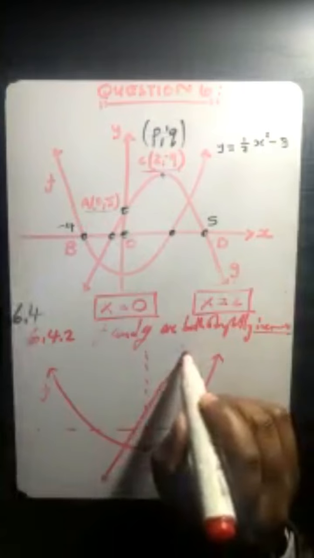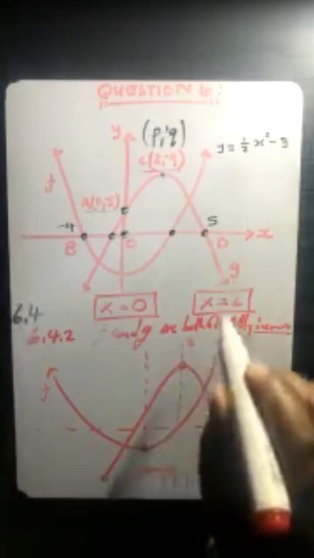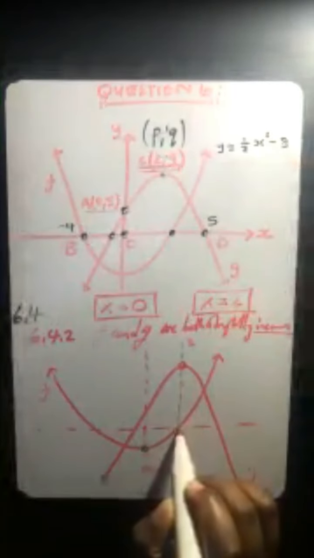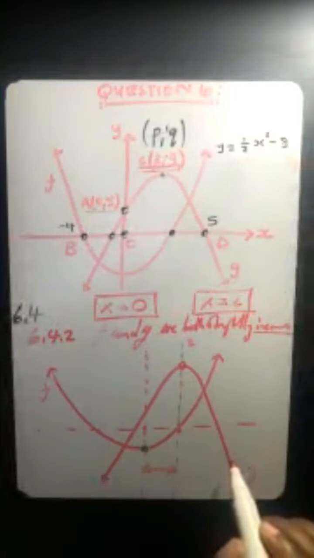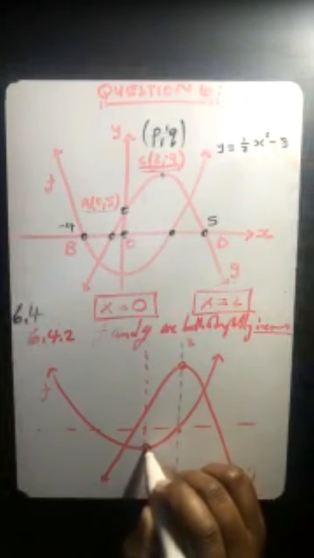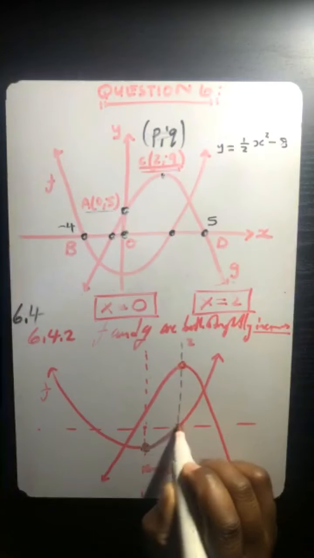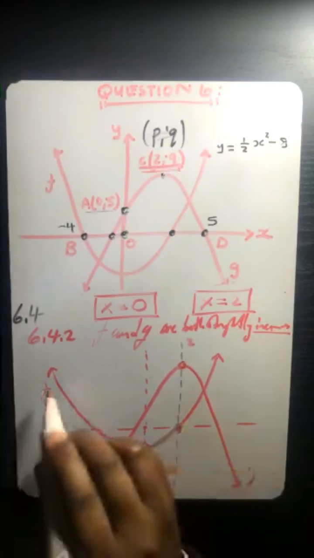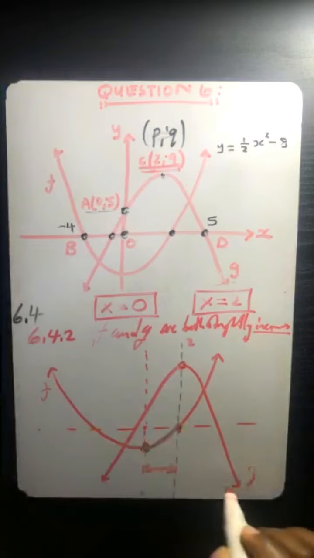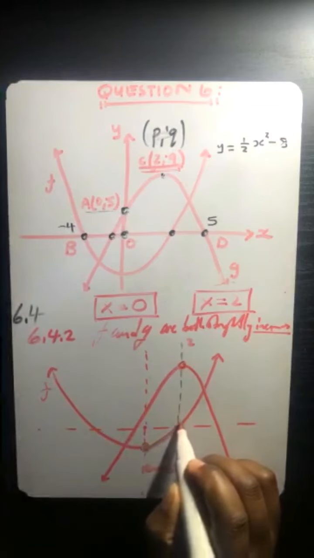Remember, we know that line, that's where x is 2. We know from the turning points there that the x value is 2. So can you guys see that from this point up to that point there, the graph of f is increasing from there to there.